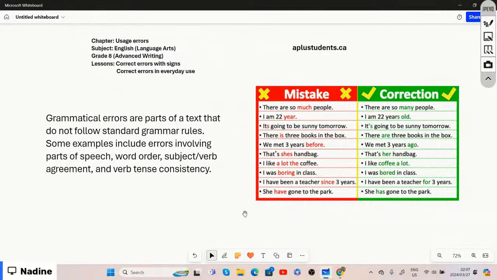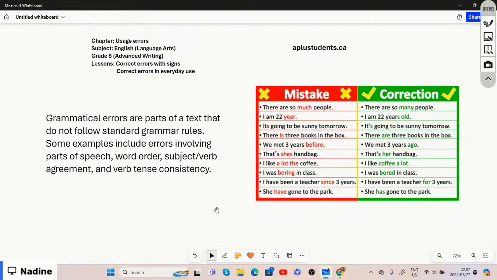All right, so usage errors, right? It is basically grammatical errors that are part of a text that do not follow standard grammar rules. So it is grammatical errors that one makes, right? And grammatical errors are part of the text that do not follow the standard grammar rules.